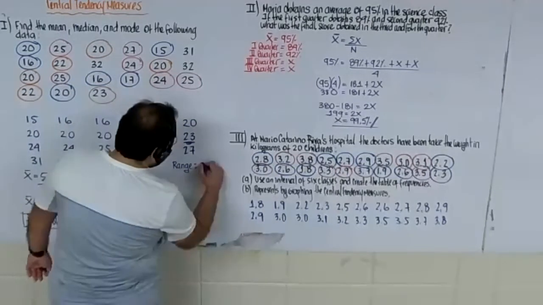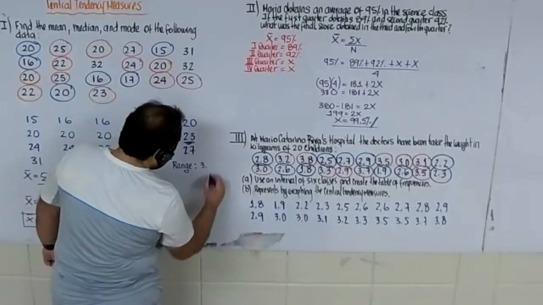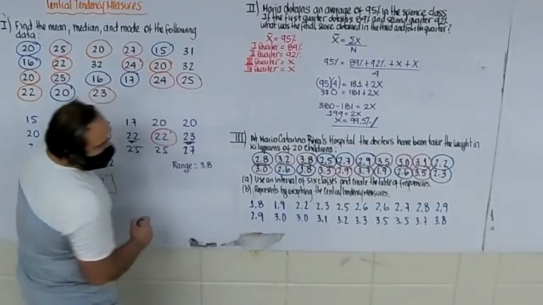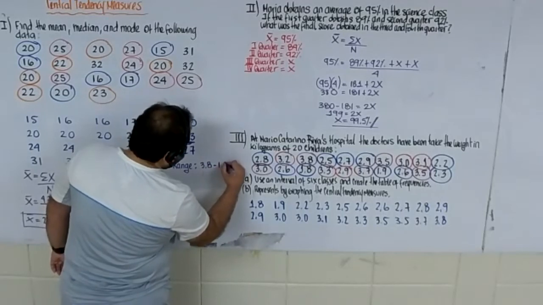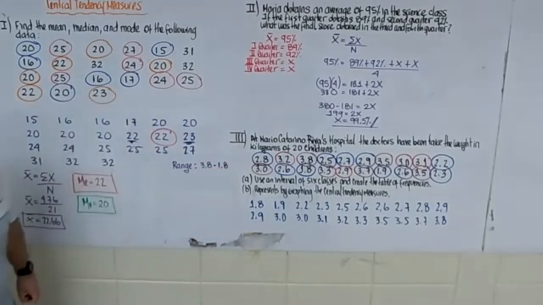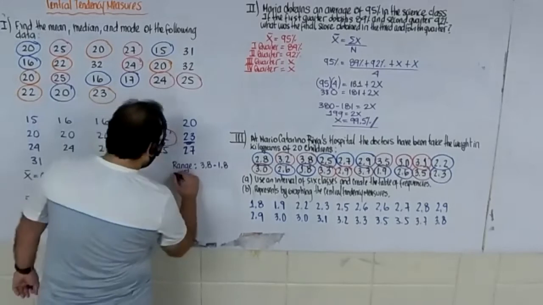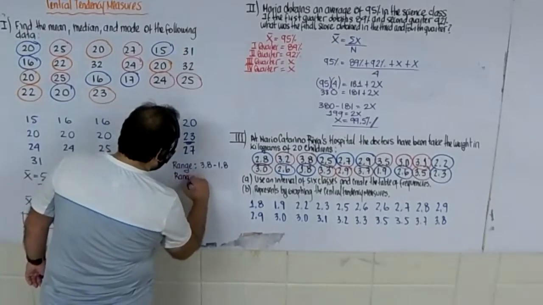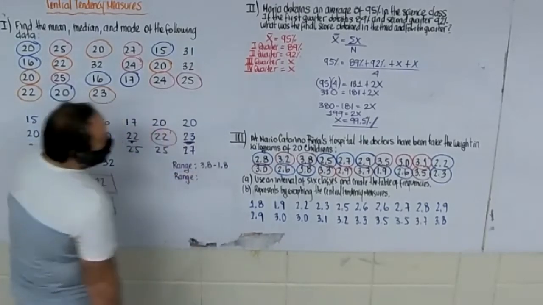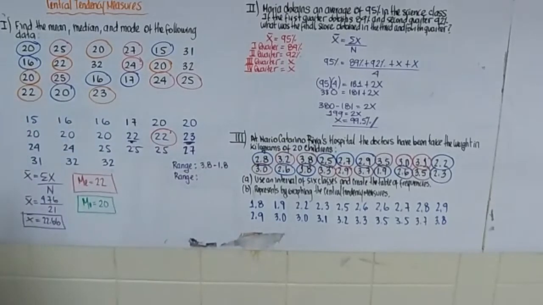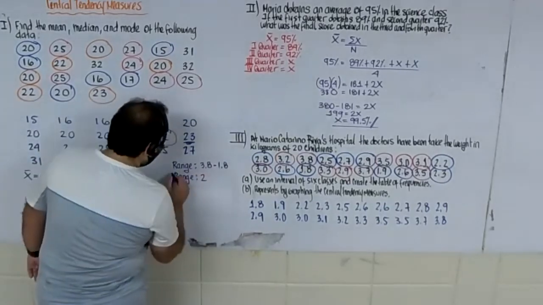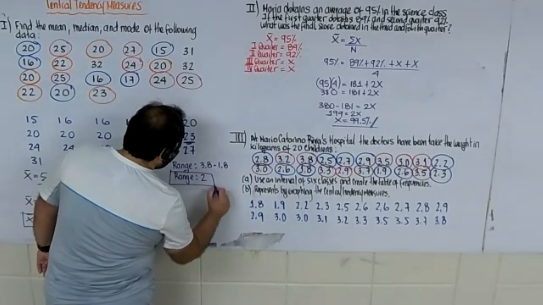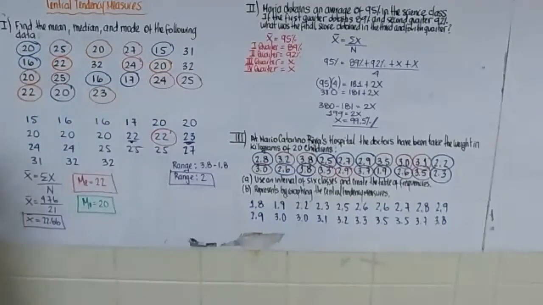That means 3.8 minus 1.8, right? Yes or no? For that reason, the range will be 3.8 minus 1.8, that will be 2, right? All right, this is going to be 2 units. That will be the range.